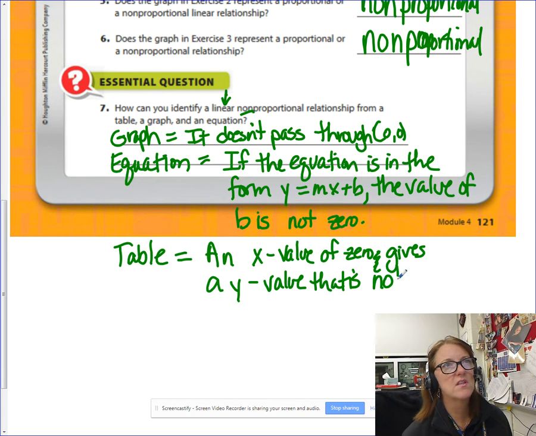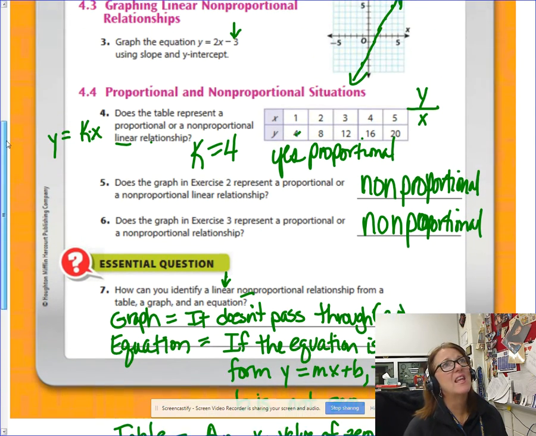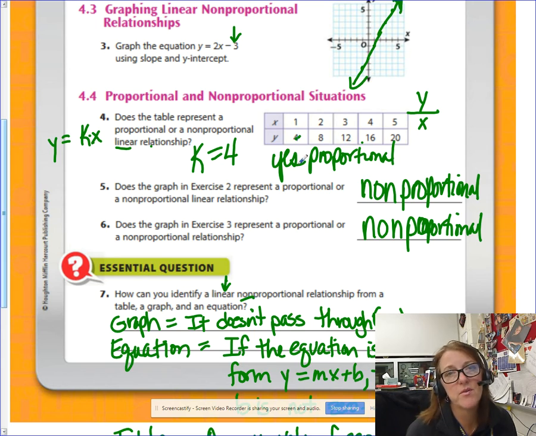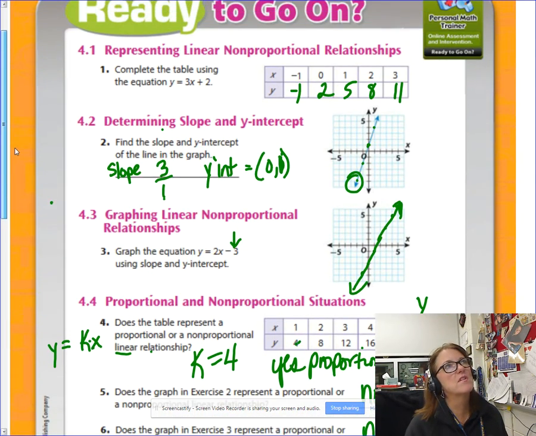See how we're focusing tremendously on the y-intercept. That is not 0. Okay. Now, that's kind of as far as the authors went with this explanation for table. However, oftentimes when you're checking, they don't put 0 in there. So it's not as obvious. You have to take it one step further.